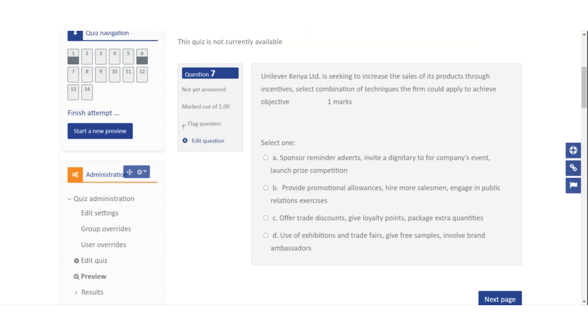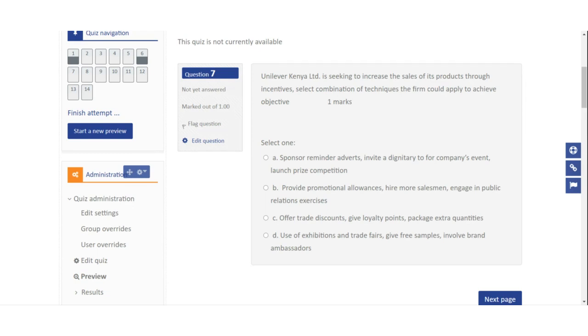This is from the topic known as promotional decision, which has 6 major tools: advertising, personal selling, sales promotion, direct marketing, publicity, and public relations. The use of incentives relates to sales promotion activities. That is where incentives are.